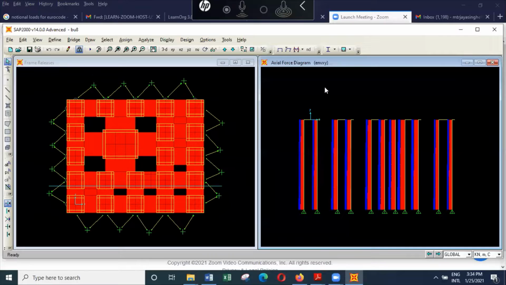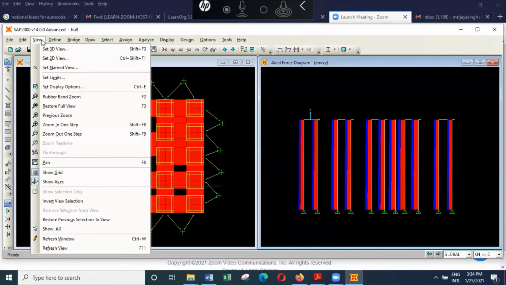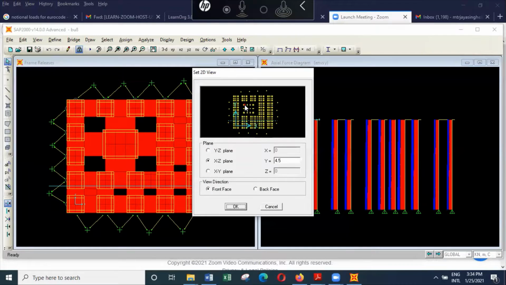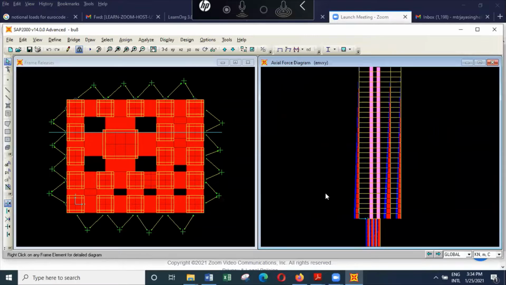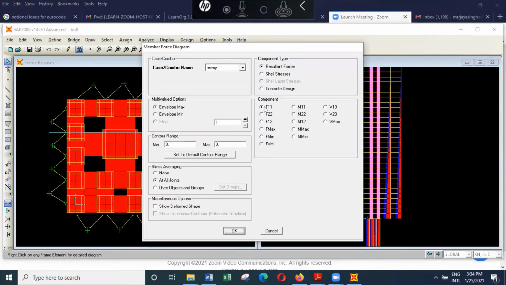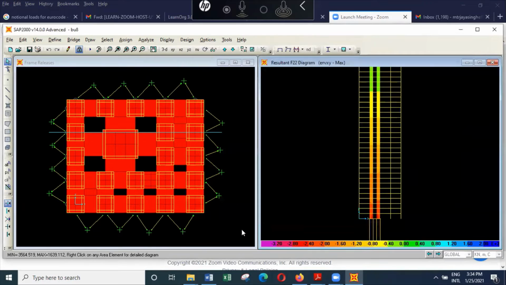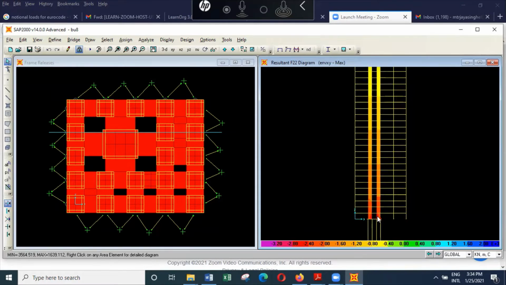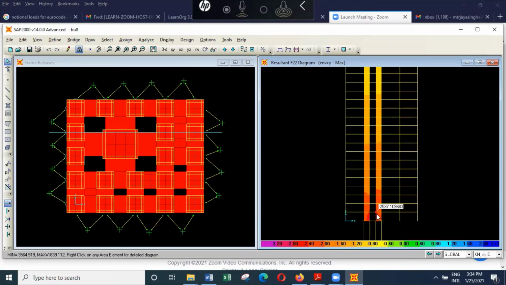And in addition to that, from a model like this, you can get the loads on shear walls as well. You can see the shear walls, and you can get loads acting on the shells. F22 is the stress in the vertical direction, and here you can see those stresses as well.